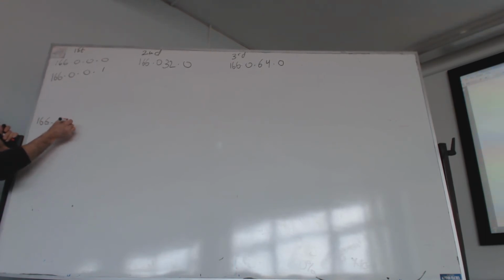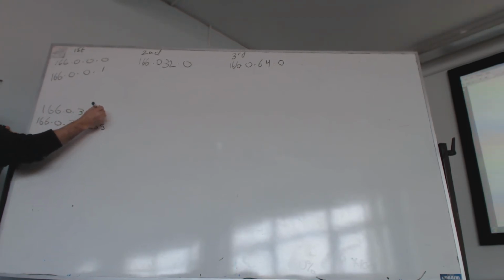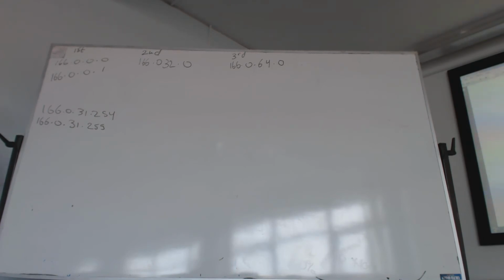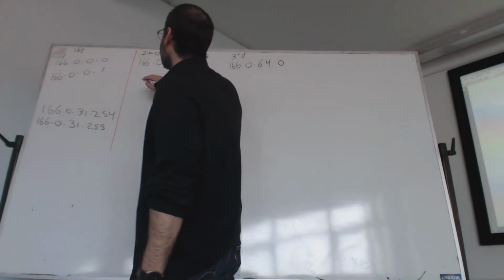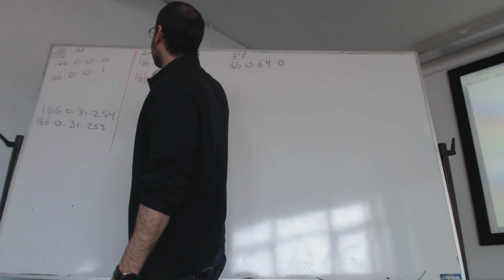What's your broadcast address? 166.0.31.255. What is your last address? 166.0.31.254. Let's do the second one. First address. 33, 32, 33.